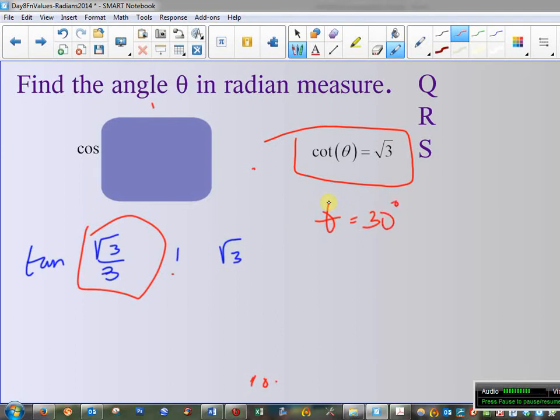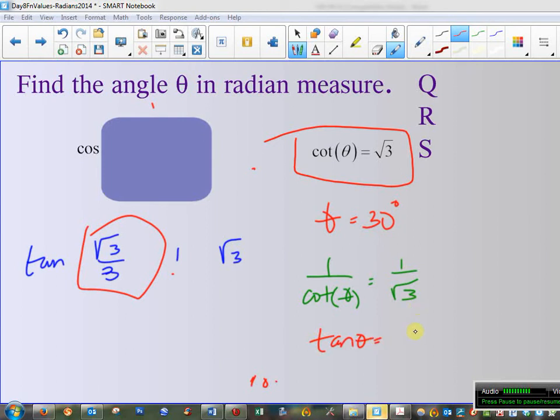And now let me pick up the calculator and see if I can use that calculator to help me. Well, the problem here is I've got one of those reciprocal functions. But remember how we can deal with reciprocal functions. If I write 1 over cotangent theta is equal to 1 over square root of 3, I can replace 1 over cotangent theta with tangent theta.